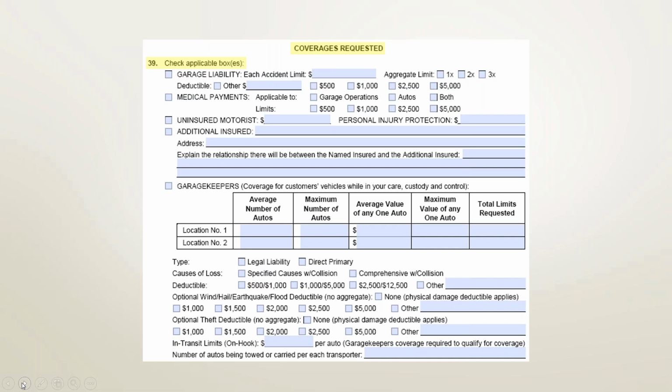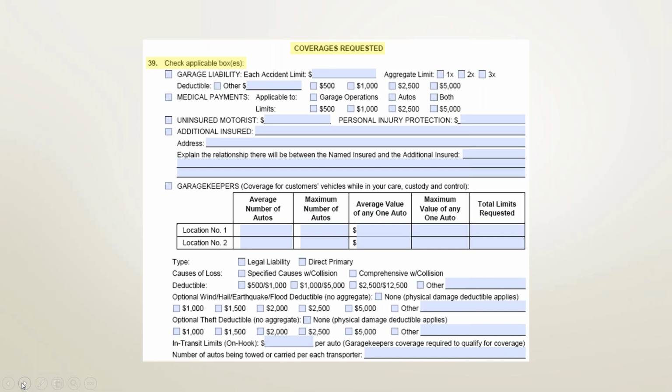And the two types, you see there's two types right underneath there. There's legal liability and direct primary. Legal liability will cover a customer's auto if the insured is negligent for the cause of loss. And direct primary covers a customer's auto regardless of negligence. So direct primary is a little bit more expensive than legal liability, but it's a much broader coverage.